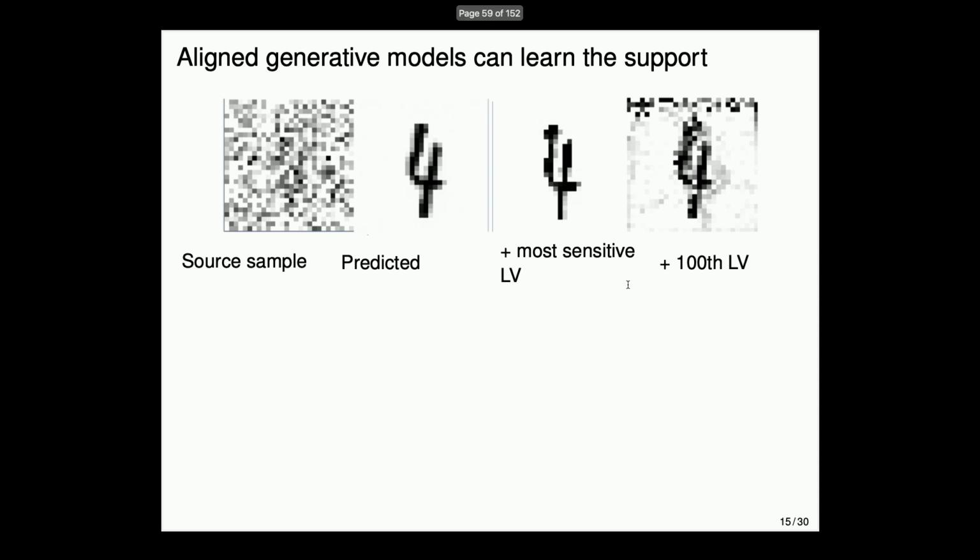The last one is this 4 plus the 100th most sensitive Lyapunov vector. 100 is much greater than the intrinsic dimension of the manifold. So we believe that the error made along this 100th most sensitive one is going to take you off the manifold, and that is what you observe empirically: this 4 doesn't really look like a 4.